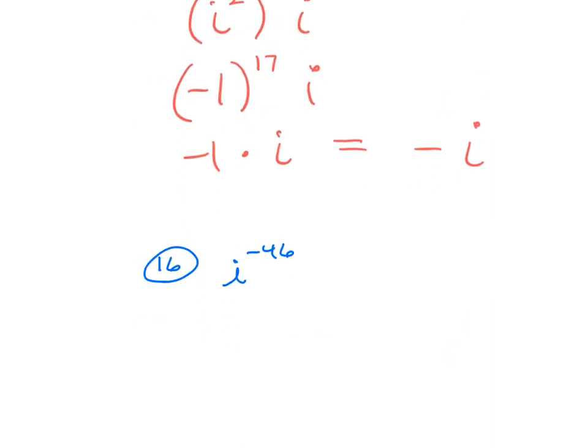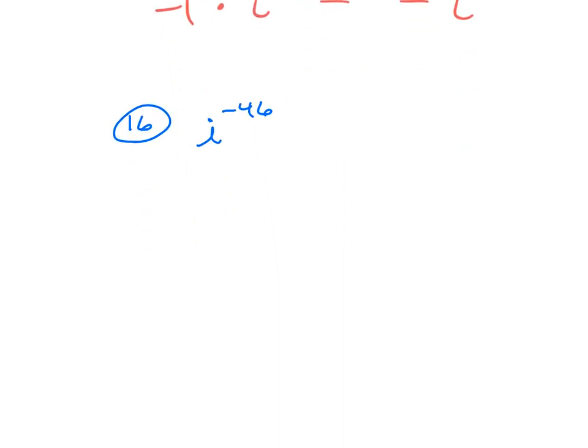Now, the next one, it's a negative exponent. So we're pulling back our review chapter stuff. Remember, when it's a negative exponent, you move it to the bottom of a fraction. And now I do the same process. So if I divide 46 by 2, I get 23.